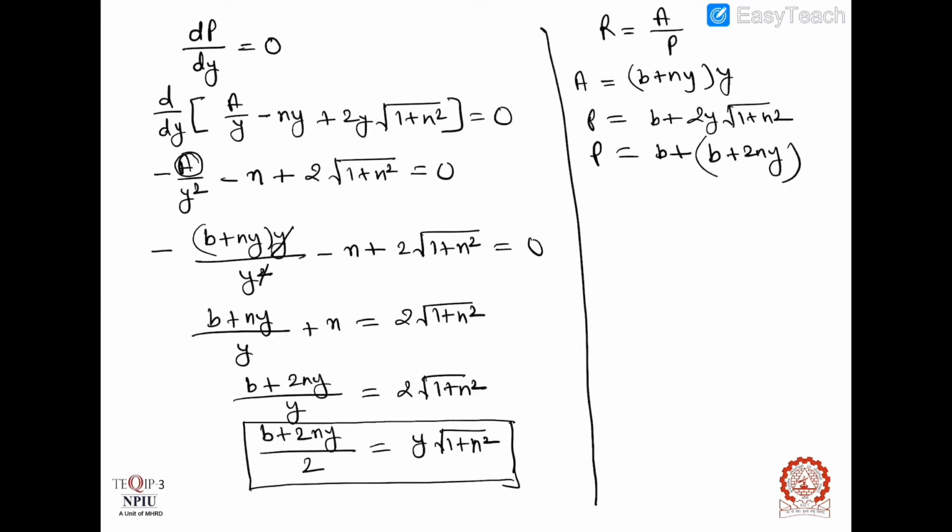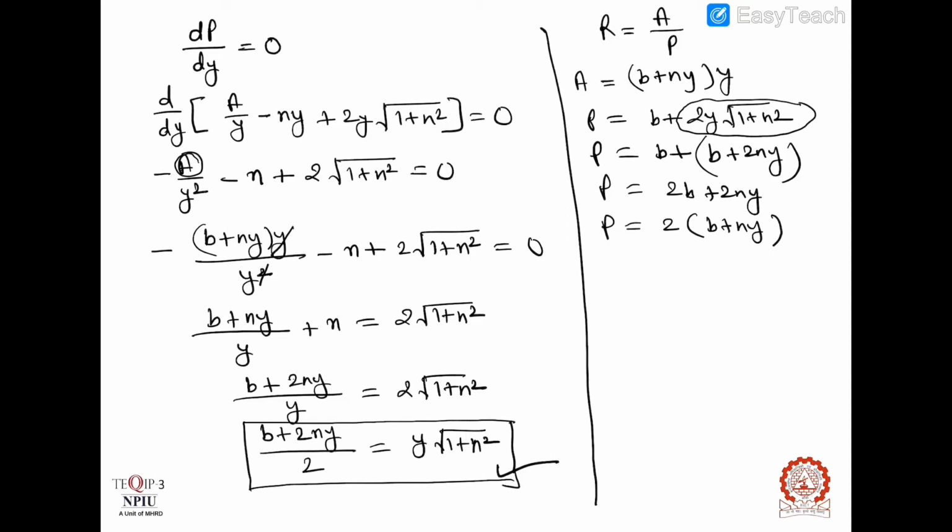Okay, we are replacing the value of 2y root over 1 plus n square by b plus 2ny because we have the most economical channel section condition here. So this P will be equal to 2b plus 2ny, or P is equal to 2(b plus ny).